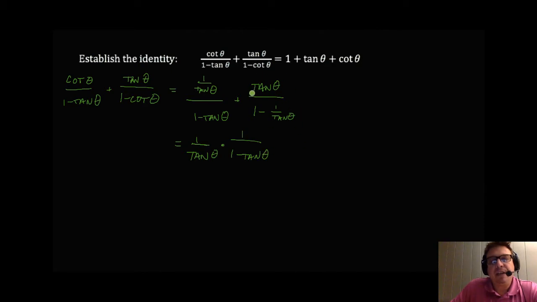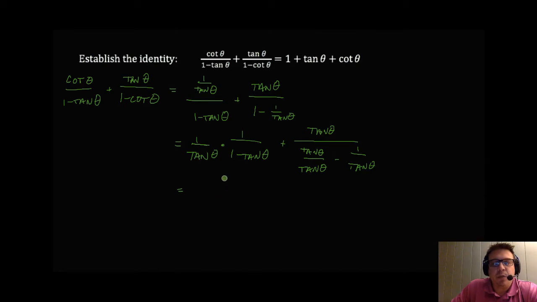And over here I'm going to get common denominators, so I'm going to have plus, again my numerator is just plain old tangent theta. And my denominator is going to have a complex fraction down here. I've got tangent theta divided by tangent theta minus 1 divided by tangent theta. So let's clean this up, make this a little bit easier to deal with.